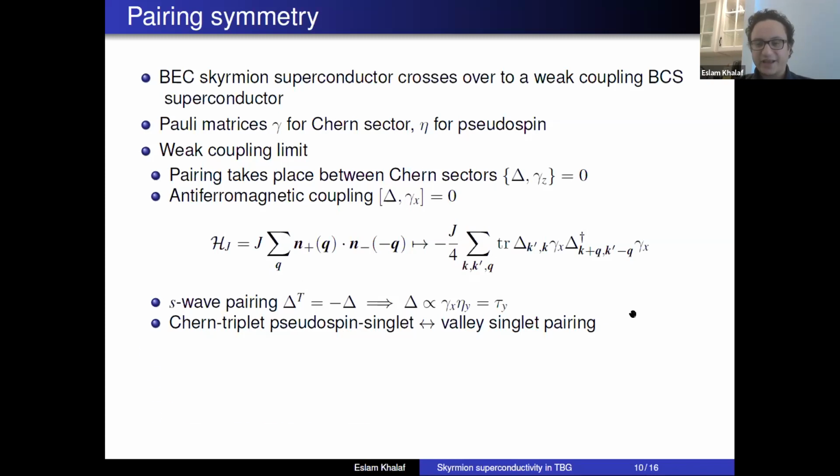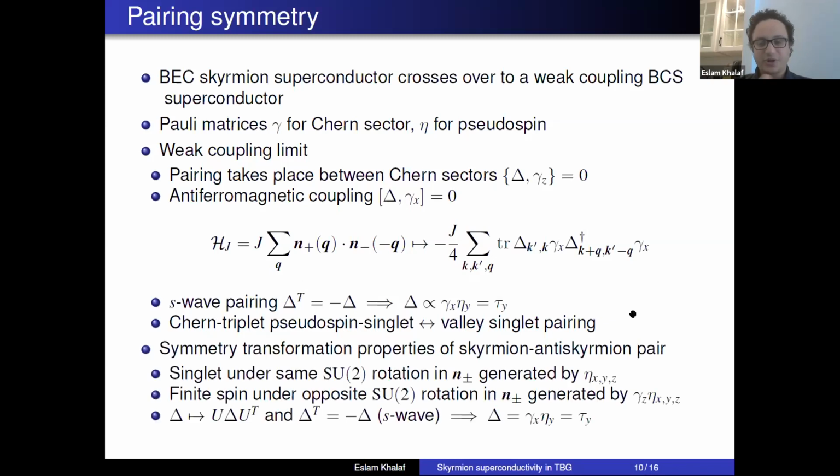This pairing can be seen directly from the Skyrmion anti-Skyrmion pair. We can do this as follows. Let's consider the transformation properties of the Skyrmion anti-Skyrmion pair under this SU2 times SU2 rotation. We find that if we perform the same SU2 rotation in both sectors, in n plus and n minus, this object is a singlet under this rotation. So it transforms trivially under simultaneous SU2 rotations generated by these three generators.